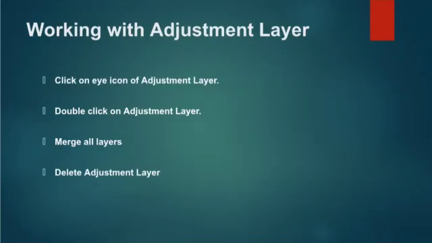Then we can work with adjustment layers. Click on the eye icon on the adjustment layer to show or hide a preview of changes. Then we can double click on the adjustment layer to change the settings. Then we can merge all the layers, applying the adjustment layer as a permanent change. Then we can delete the adjustment layer if it is not required.